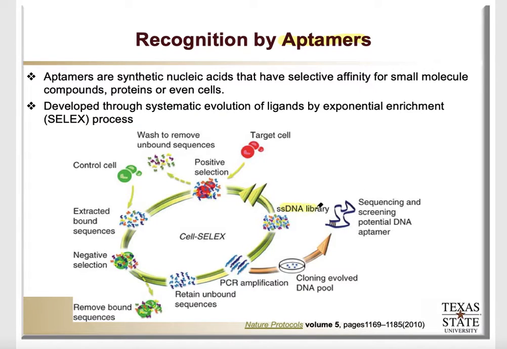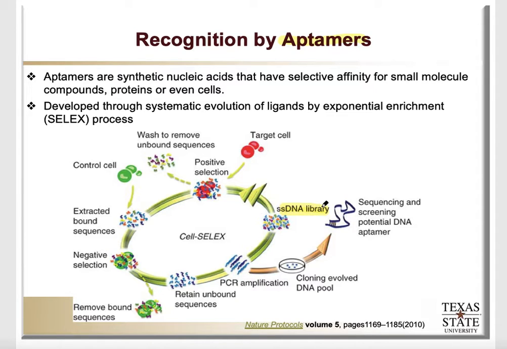This is going to be our first step. So you're going to begin with a single-stranded DNA library. What that means is that somebody has prepared a system that has maybe 50 nucleotides or something like that of different random sequence.